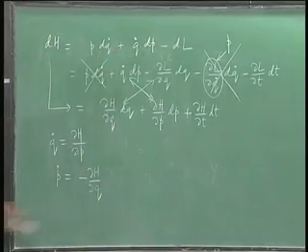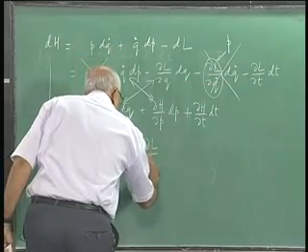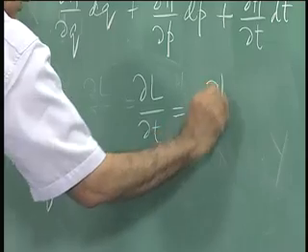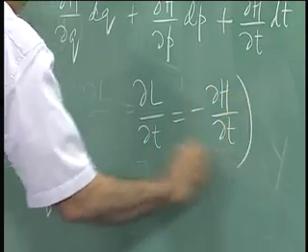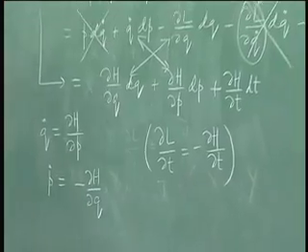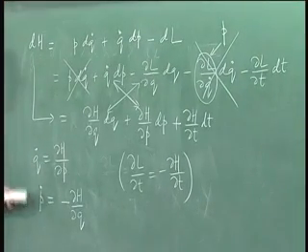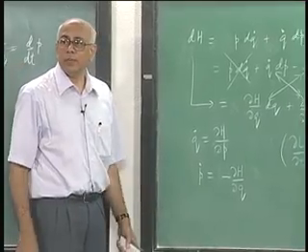And of course if I compare this with that, for non-autonomous systems it turns out that ∂L/∂t is minus ∂H/∂t.